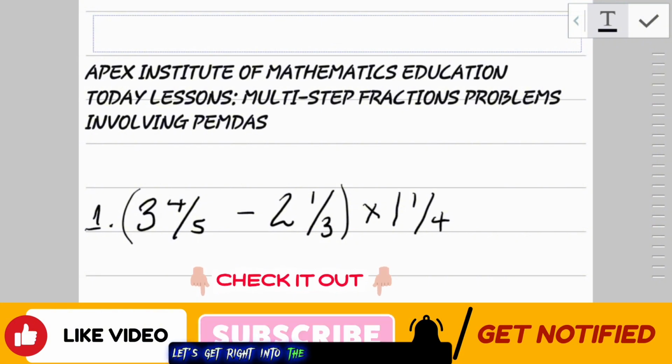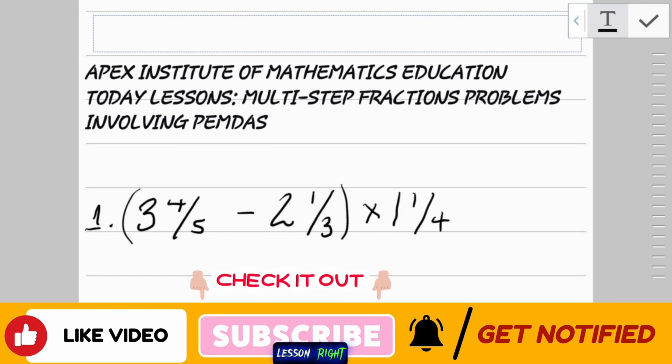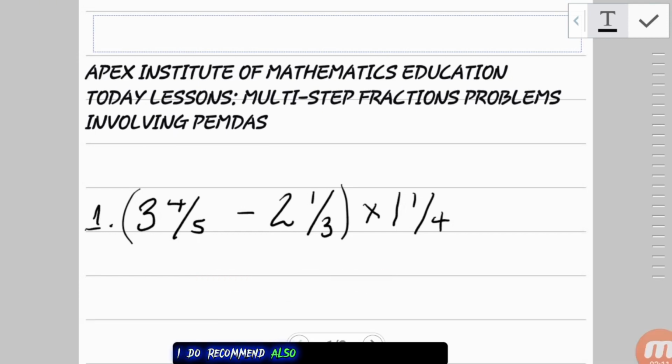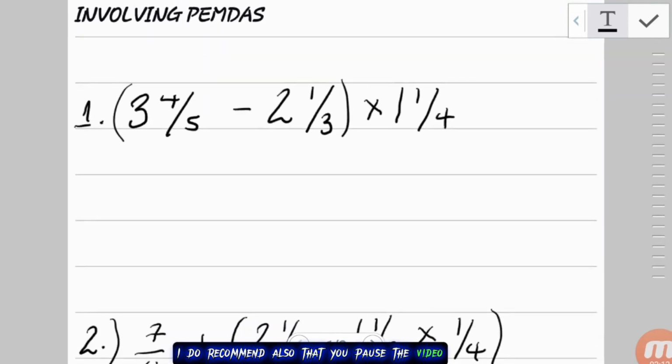Let's get right into the particular focus of this lesson. I do recommend also that you pause the video, attempt the questions before watching the tutorial video, then unpause the video and see if my solution matches with yours, so you can be more efficient and more confident as a student.